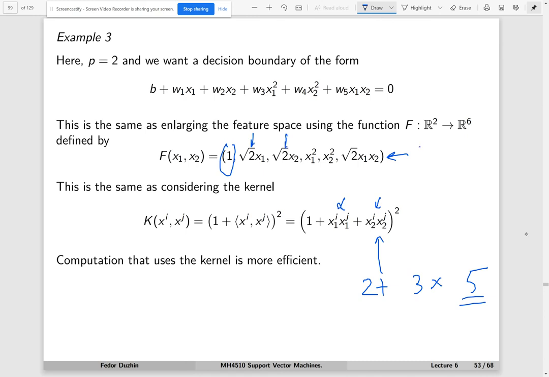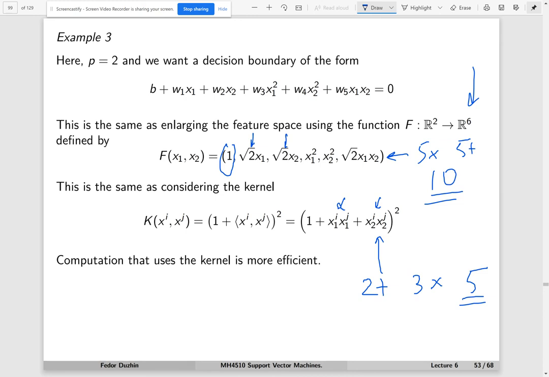So I'm going to have 5 multiplications and 5 additions, because after doing 5 multiplications, I need to add everything together. So I have 10 operations in the end, which means that the computation that uses the kernel is more efficient. And of course, the higher the dimension of the enlarged feature space, the more efficient the computation of the kernel is compared to computation in the enlarged space.